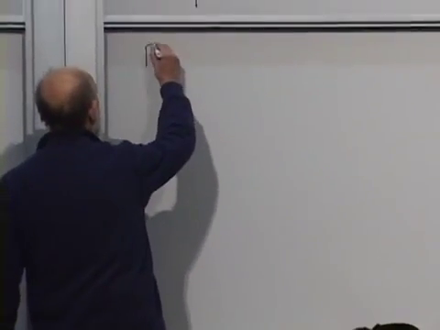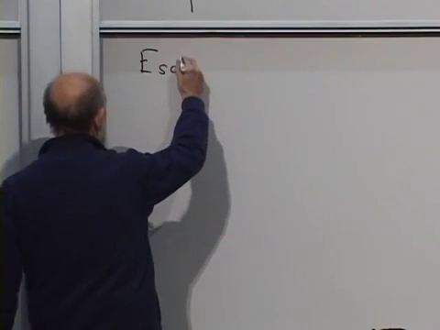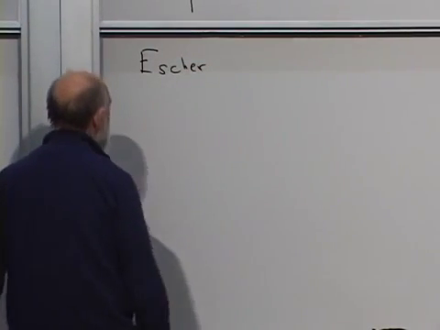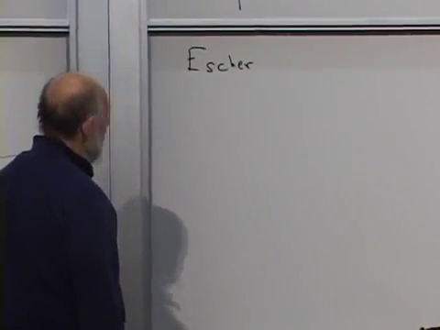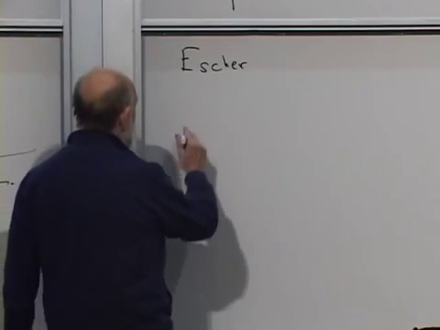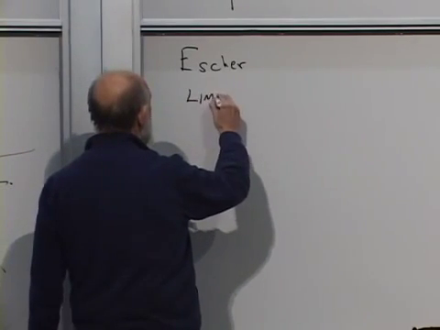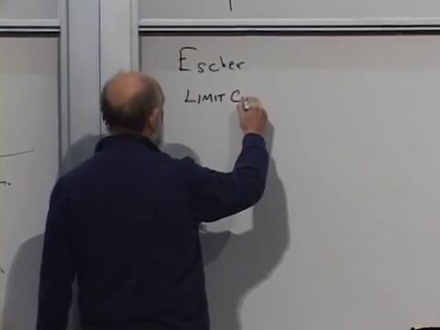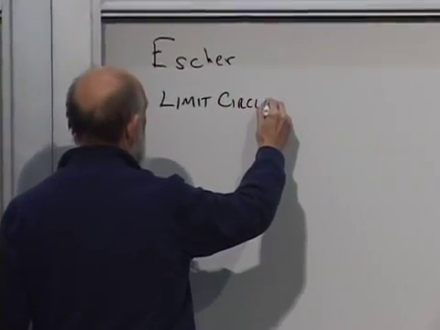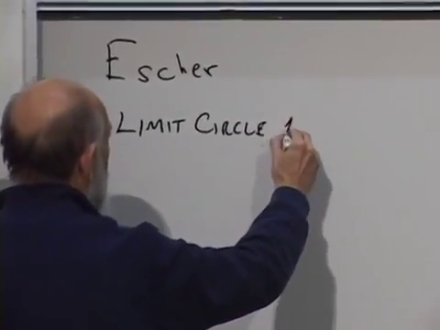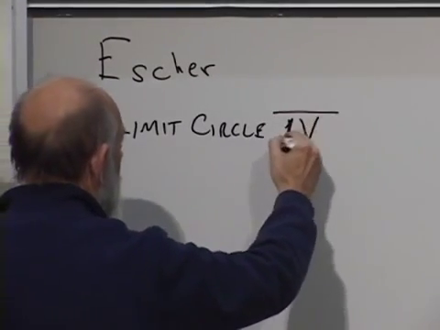It's Escher's drawing. Just plug this into Google, MC Escher, and the drawing is called Limit Circle Number 4, IV.